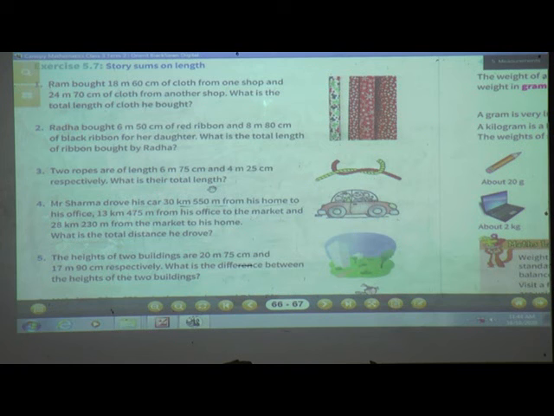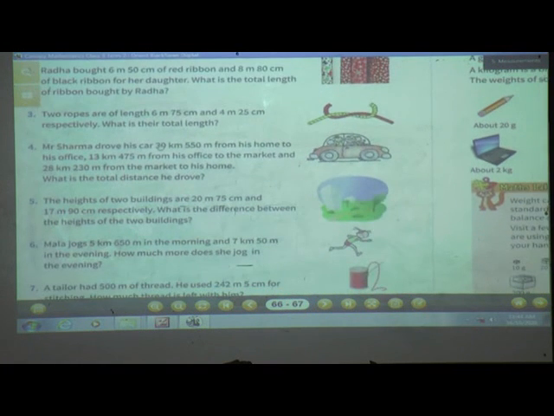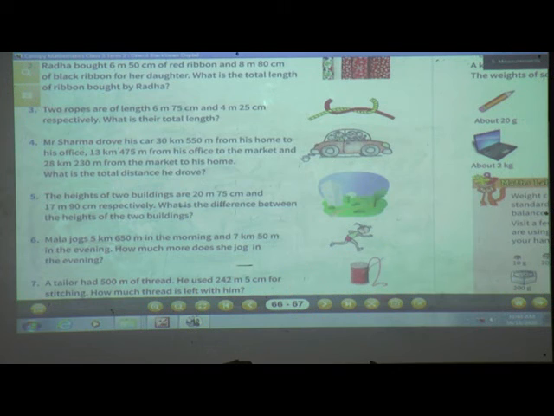Now we'll move to the next question, that is the fourth one. Keep your finger on the line and read the question. Mr. Sharma drove his car 30 km 550 meter from his home to his office. Read it carefully once again.